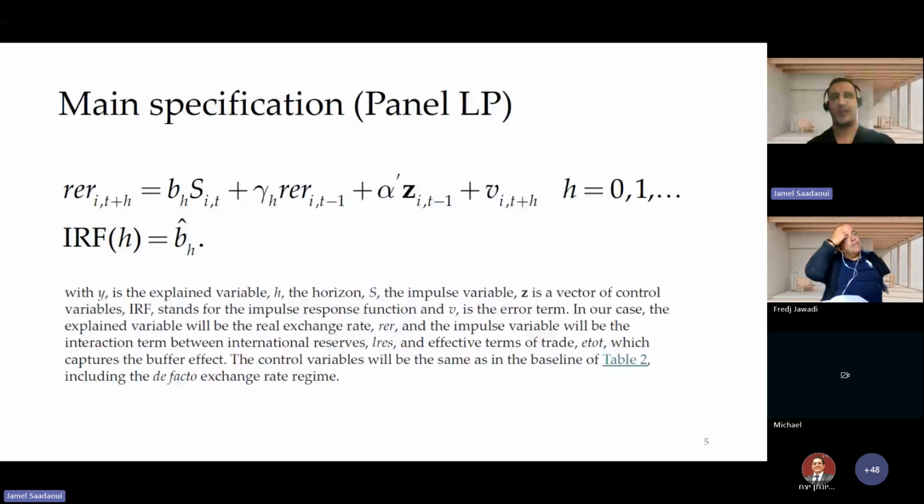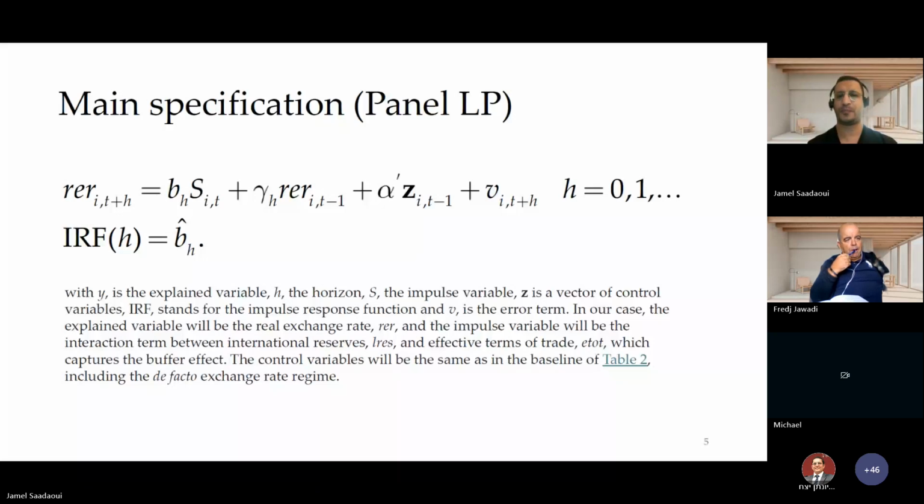It is a bit like the lag-augmented VAR approach, where you include supplementary lags to consider the persistence in the series. If you have non-stationarity, you are in the unit root circle, so the VAR will not be stable. But here you can use it. The control variables will be variables that affect the exchange rate directly, so you will have, of course, the terms of trade, the reserves, and the exchange rate regime, for example.